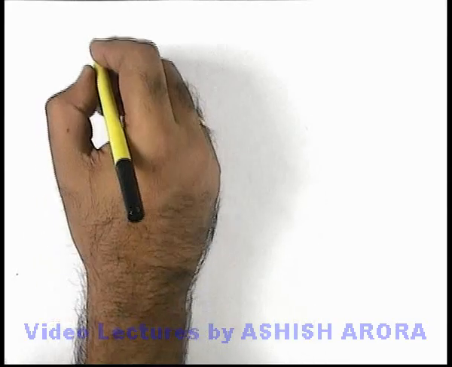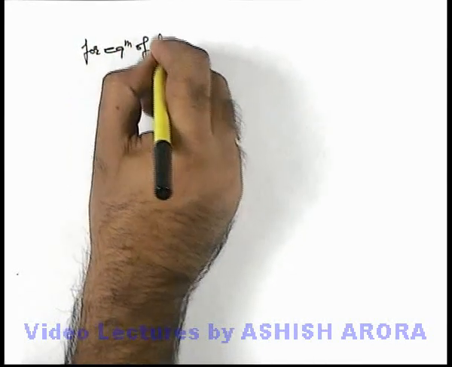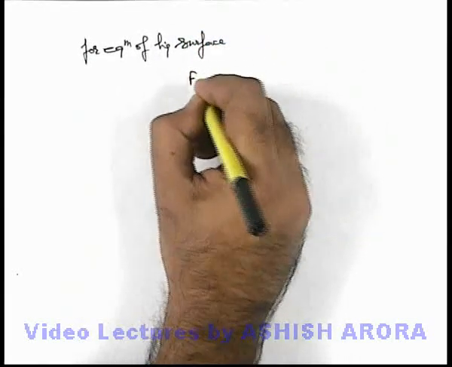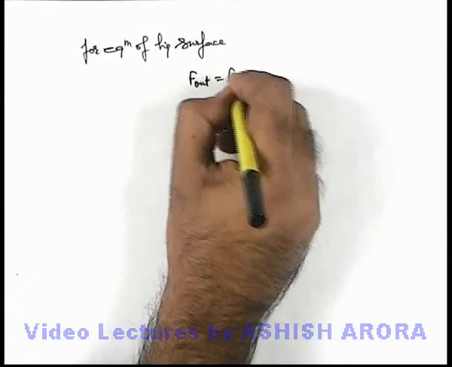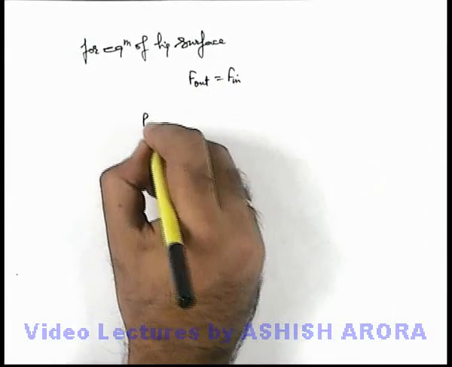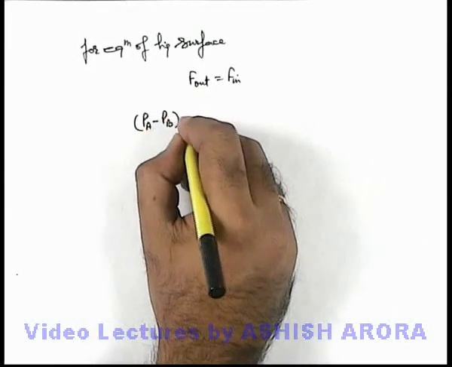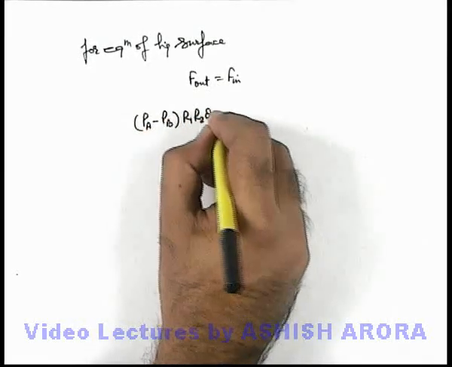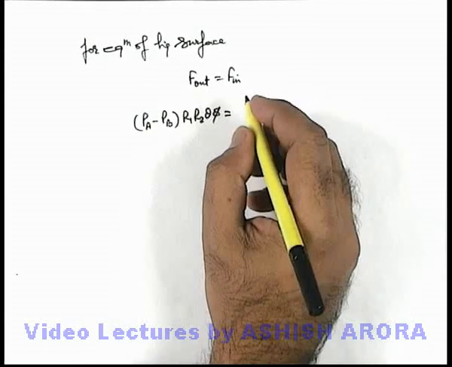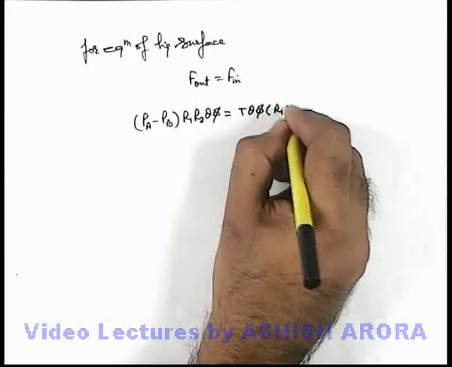So for equilibrium of the liquid surface, we must use F outside equals F inside. As we have calculated, F outside is PA minus PB multiplied by r1 r2 theta phi, which should equal the inside force due to surface tension, which we have calculated as T theta phi times r1 plus r2.